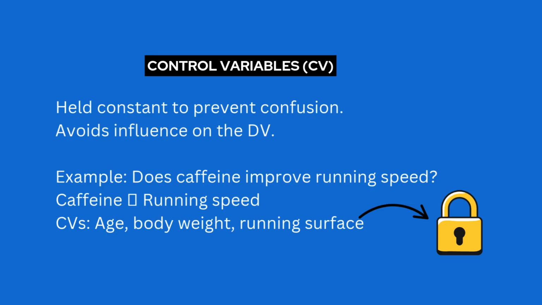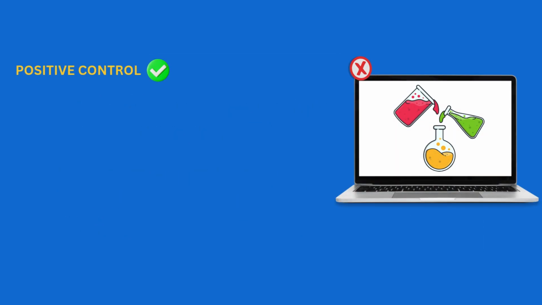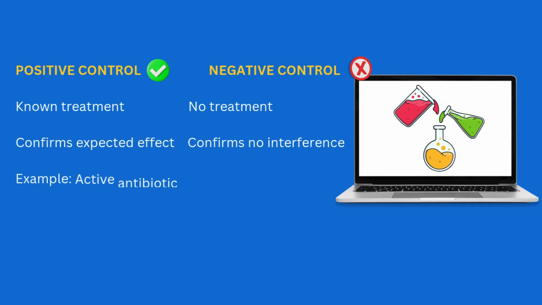Let's now discuss what we call positive and negative controls. In experiments, we talk about positive and negative controls because they help us to check that our experimental setup is working correctly. Let's break it down. A positive control uses a treatment that is already known to work, and it should produce the expected results.